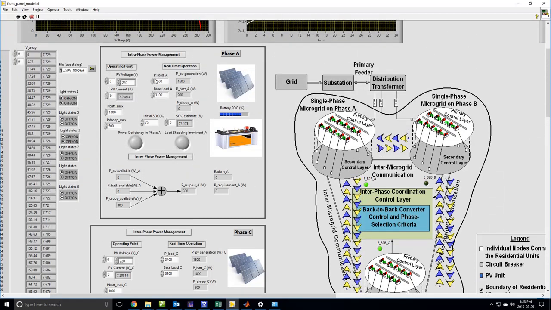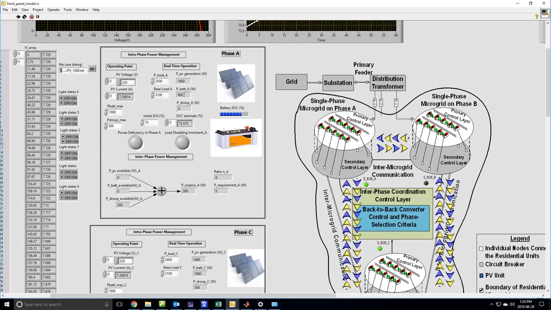Phase A had 2500 watts of load power, 1600 of which was contributed by the PV generation. 900 of this P load was contributed by the battery. There was no contribution of the droop unit to the load, hence there was a surplus power of 500 watts from the droop unit.